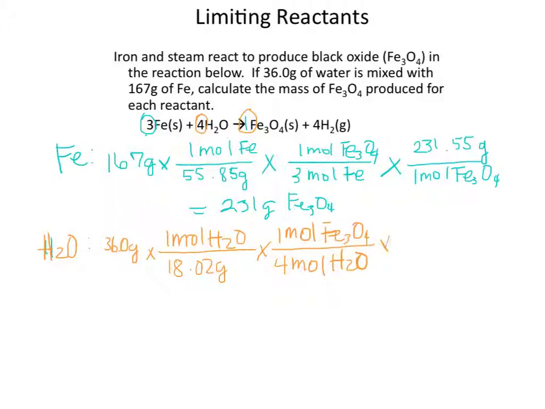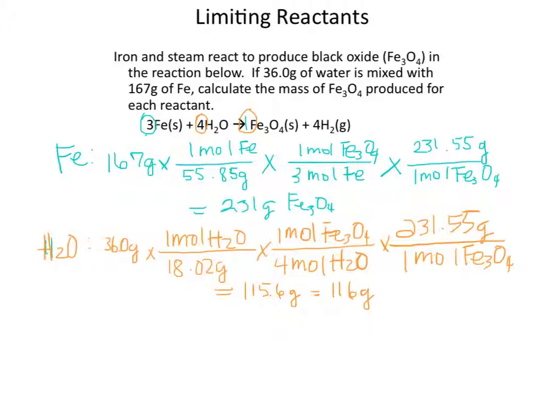Then again, I multiply by the molar mass of black oxide, 231.55 grams of iron oxide for 1 mole of black oxide. You end up with 115.6 grams, but with correct sig figs, 116 grams of black oxide.